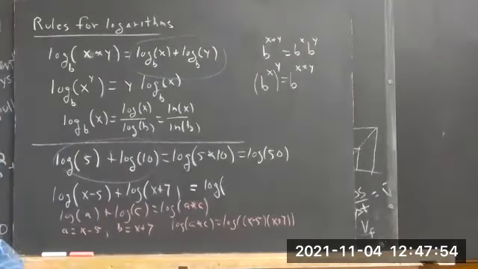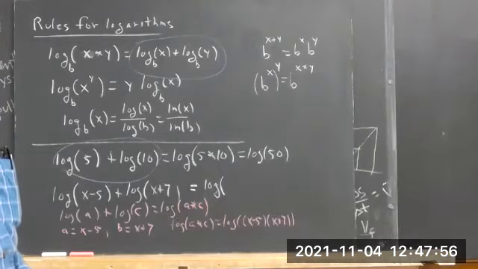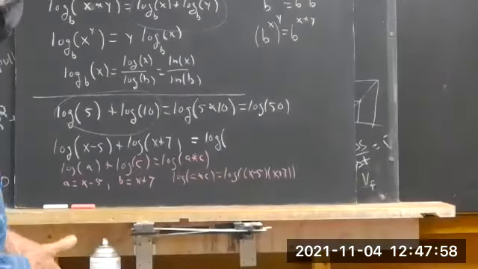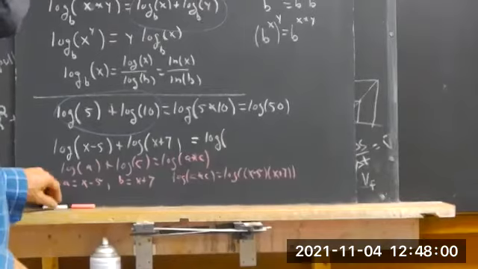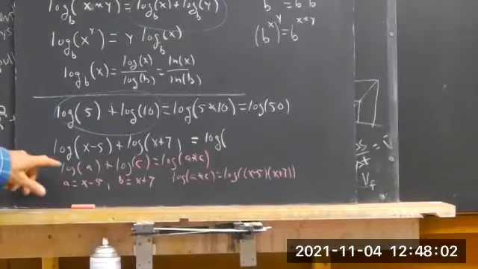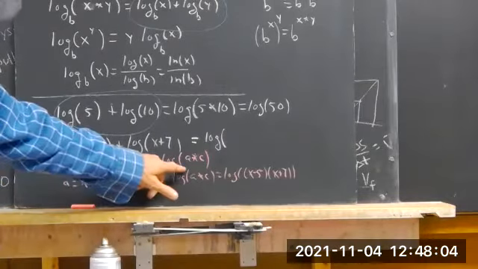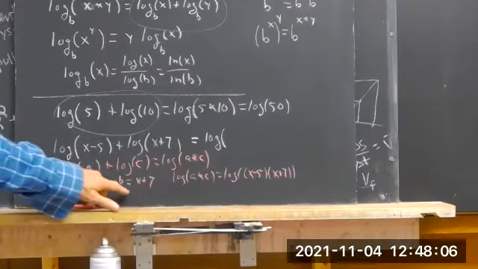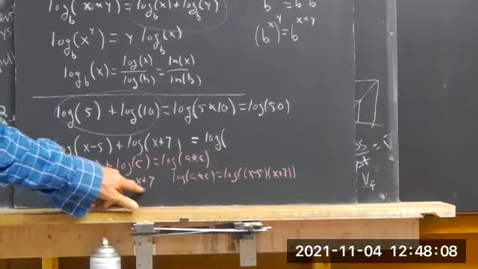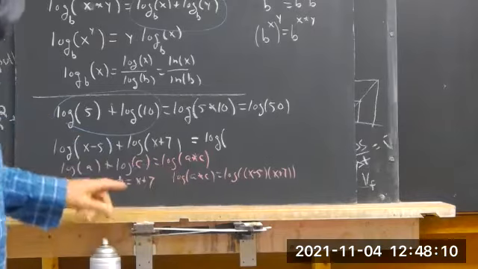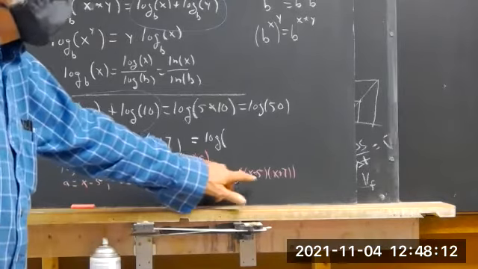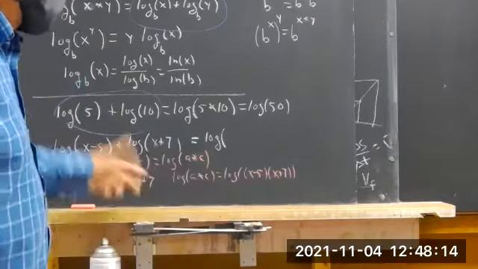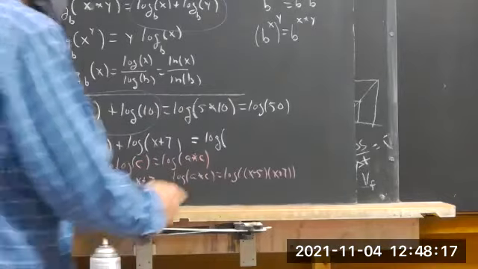I'm going to correct this and lower the camera a little bit to avoid the watermark. Okay, so just writing out the law again and being very explicit about what A and B are, we can then see that the log of A times C is this, and that's what we're going to write on the right-hand side.